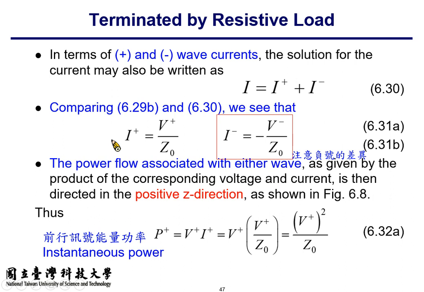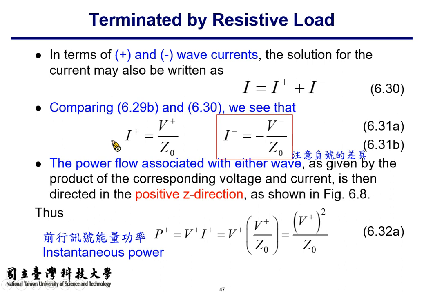For the positive z going signal, P plus is the power going in the positive z direction. By definition, it is the product of V plus and I plus, and you can replace I plus with V plus over Z sub 0, and you end up with V plus squared divided by Z sub 0.